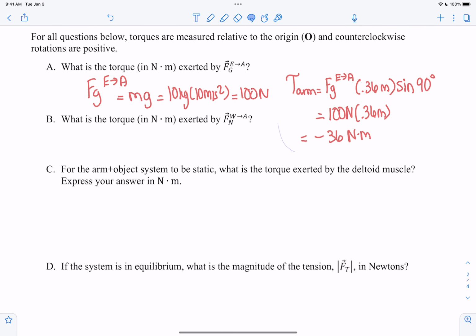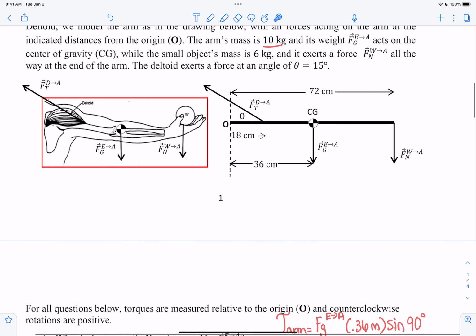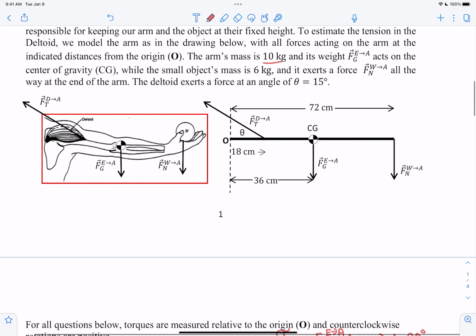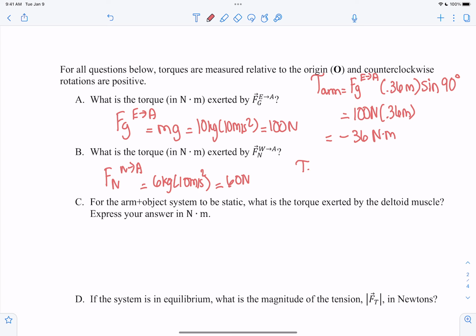And let me move this upwards a little bit so it doesn't interfere with the next problem. But we're going to do the same thing basically for the weight here at the end. It's just that now we're going to factor in the object's mass, which is 6 kilograms. So FNWA, that's 6 kilograms times 10 meters per second squared, so that's 60 newtons. We have torque due to the weight, or I'll say ball, just easier that way.